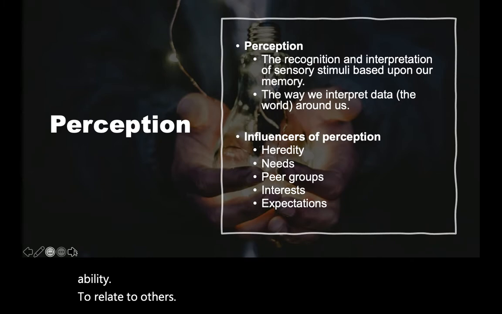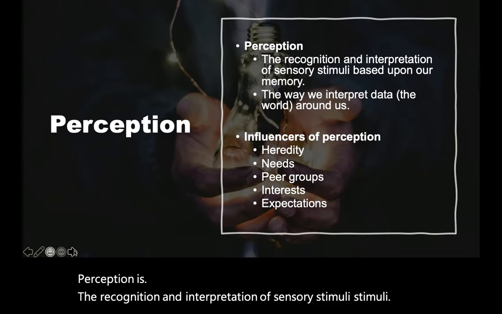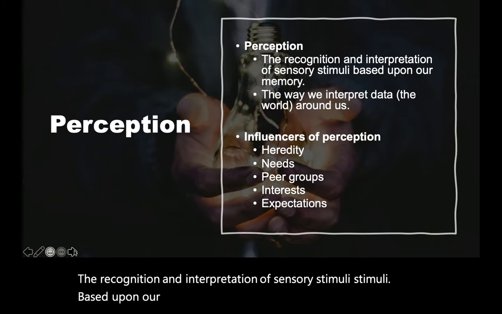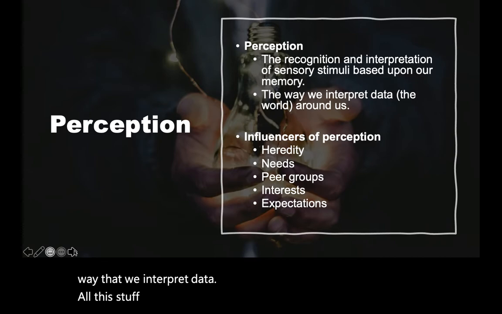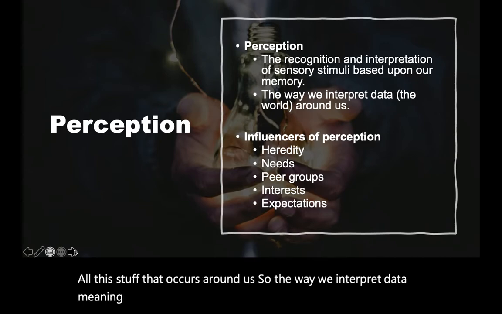Perception is the recognition and interpretation of sensory stimuli based upon our memory. So we can say that our perception is the way that we interpret data, all the stuff that occurs around us. So the way we interpret data, meaning the world around us.